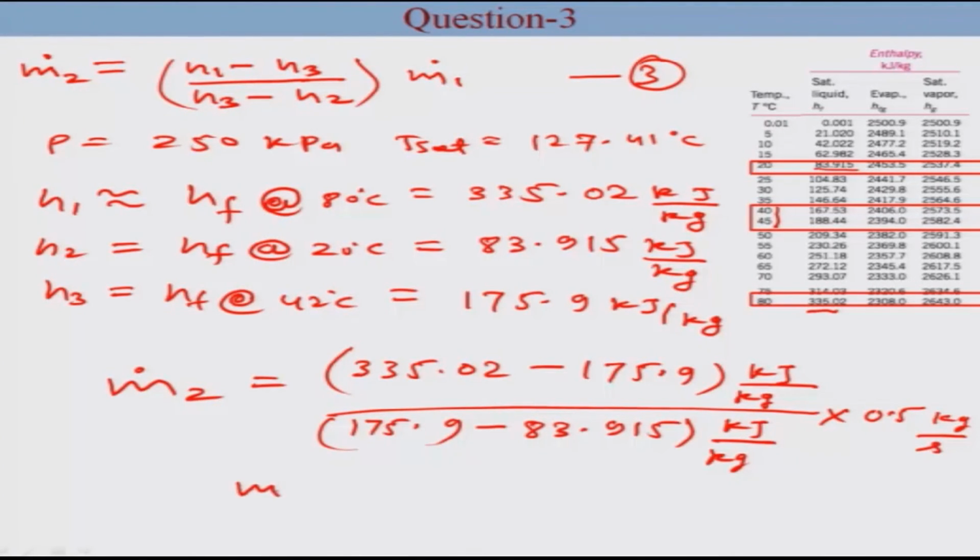So from here we get m2 dot equal to 0.865 kg per second.